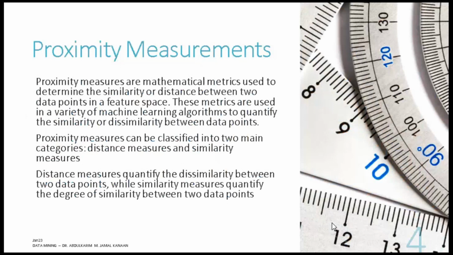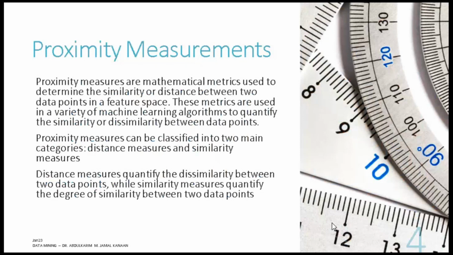Okay, so proximity measures are mathematical metrics used to determine the similarity or distance between two data points or objects in a feature space. These metrics are used in a variety of machine learning algorithms to measure the similarity or dissimilarity between data points. Proximity measures can be classified into two types.